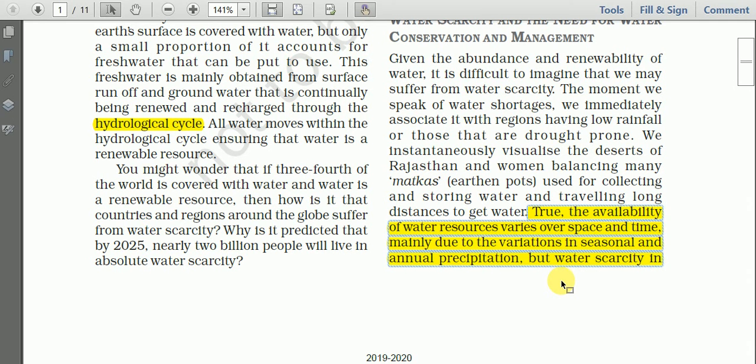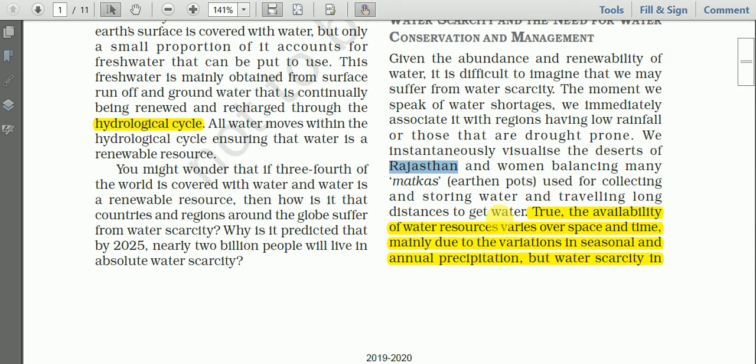Rajasthan receives only about 25 centimeters in a year, even less than 25 centimeters of annual rainfall, whereas other areas like the northeastern hills, Meghalaya for example, receive more than 400 centimeters per year. Here in Manipur also, Tamenglong receives around 400 centimeters per year, then Churachandpur receives 180 centimeters per year.